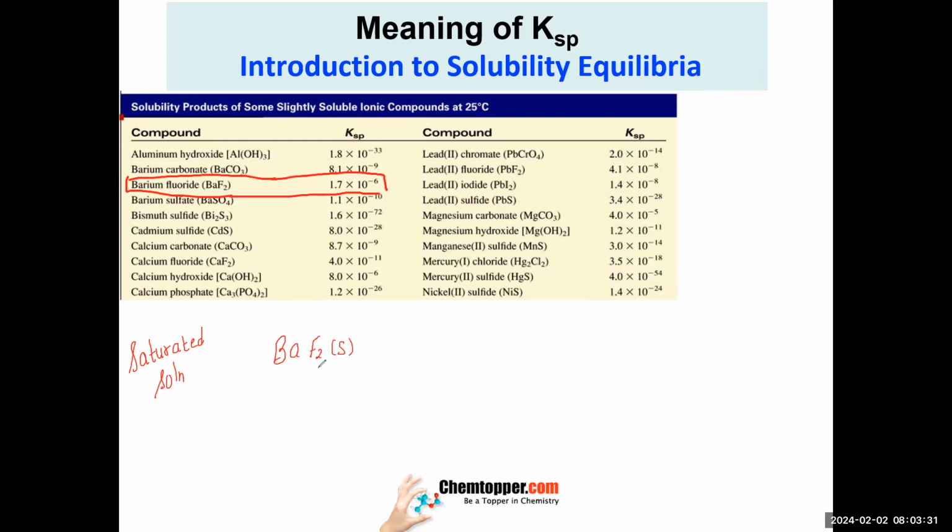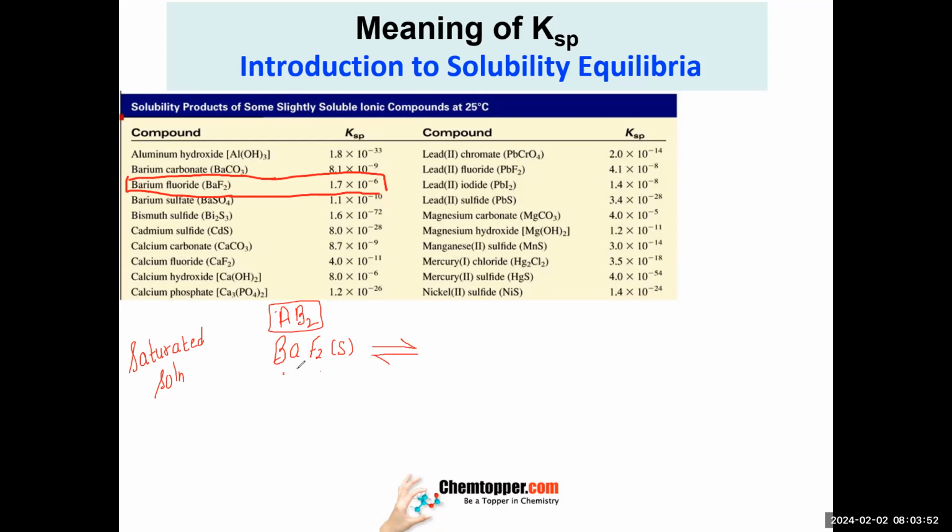What type of salt is this? Is it AB? No, it is AB2 type, right? See, AB2, 1:2. So I'm going to call it AB2 type. It is undergoing dissociation. There is an equilibrium.